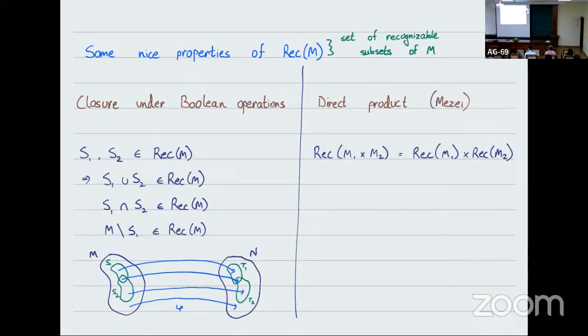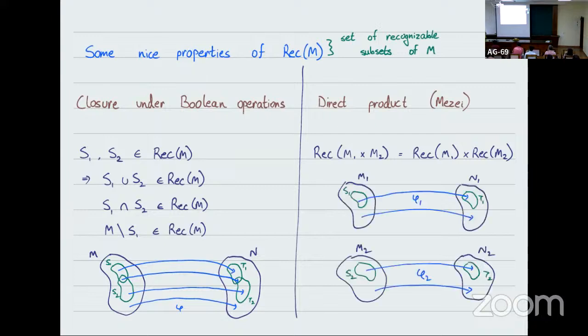So the set of all recognizable subsets of M1 cross M2 is the direct product of the recognizable subsets of M1 and M2. And this is also because pre-images behave nicely.